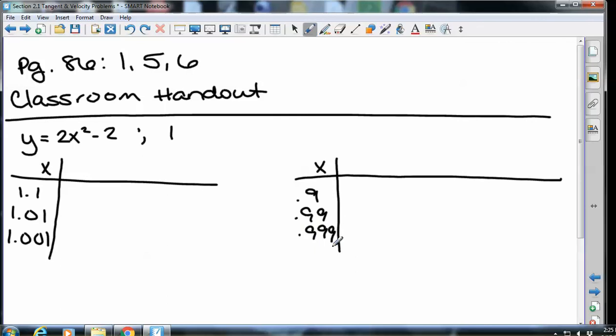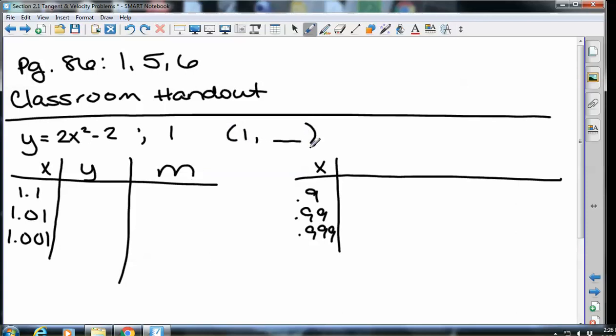Okay. Since this one isn't just linear, the slope is probably not as obvious. But what you could do is maybe make a y column. And then maybe a slope column. That'll just help you organize your information a little bit better. I could plug this in and get a y value, right? Then you're going to have to calculate the slope between this point that you just found and the point up here.